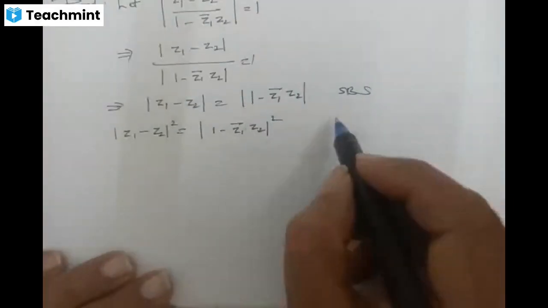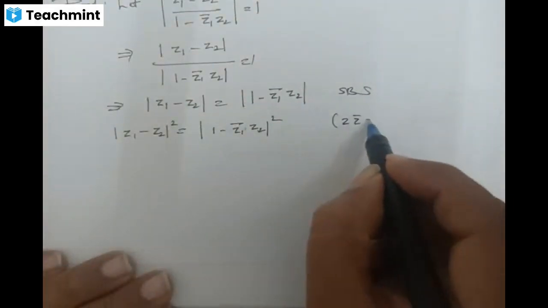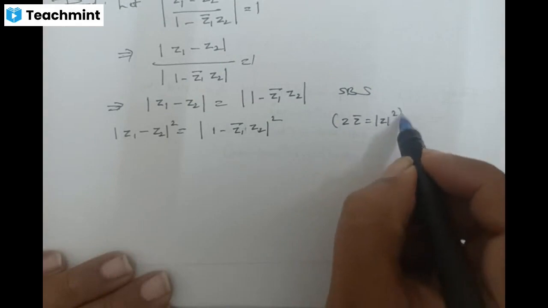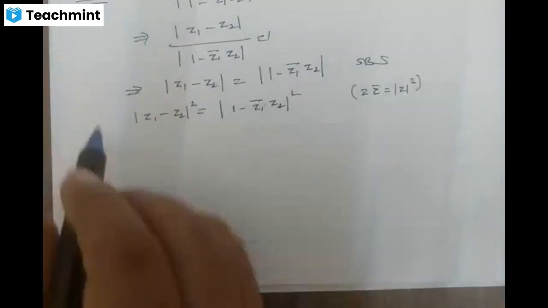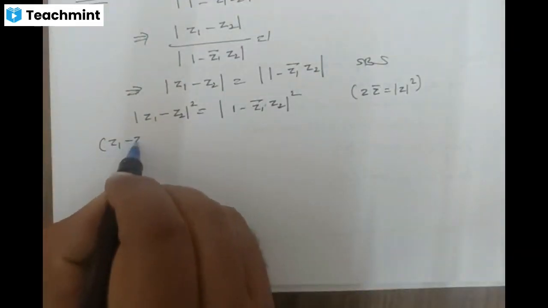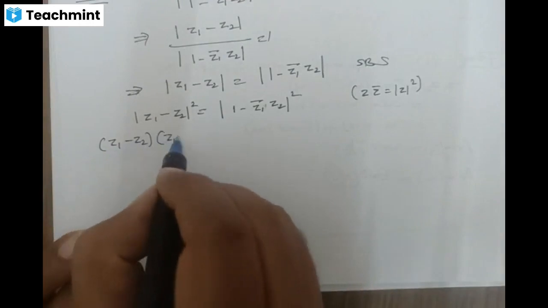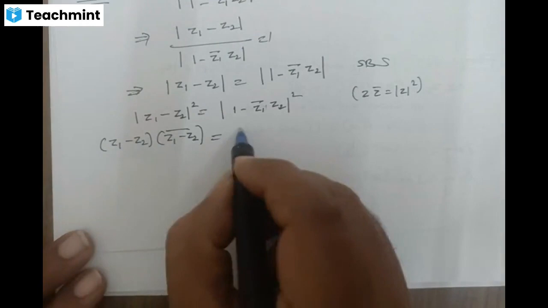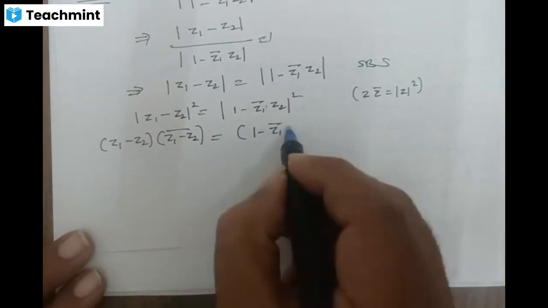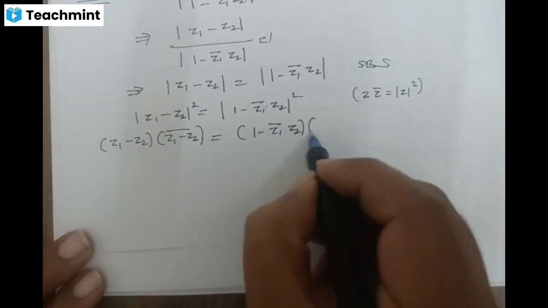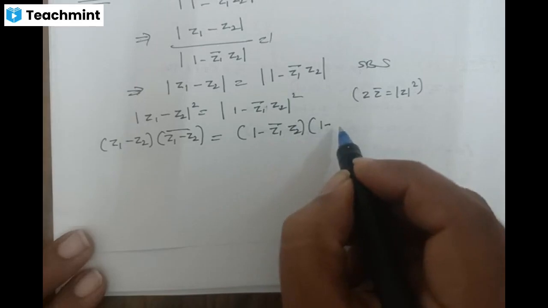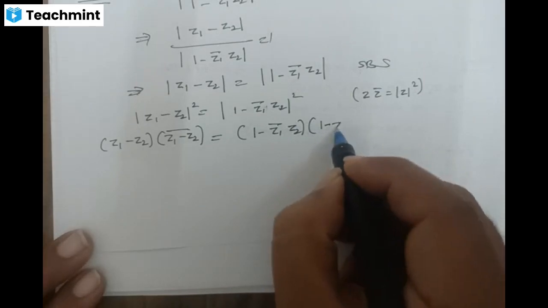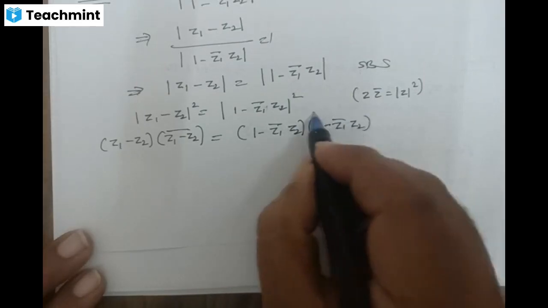We know that z z bar is equal to mod z whole square. So using that we can write (z1 - z2)(z1 - z2 whole bar) equal to (1 - z1 bar z2)(1 - z1 bar z2 whole bar).